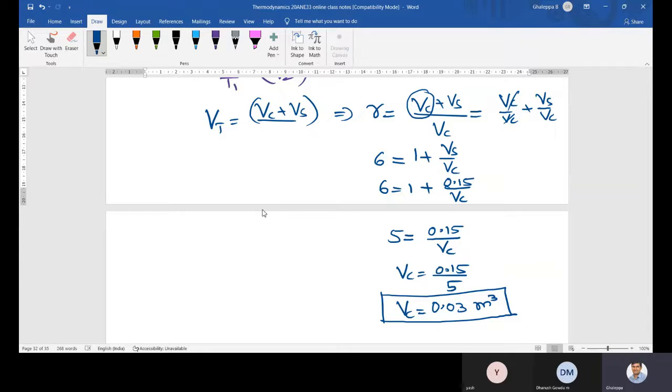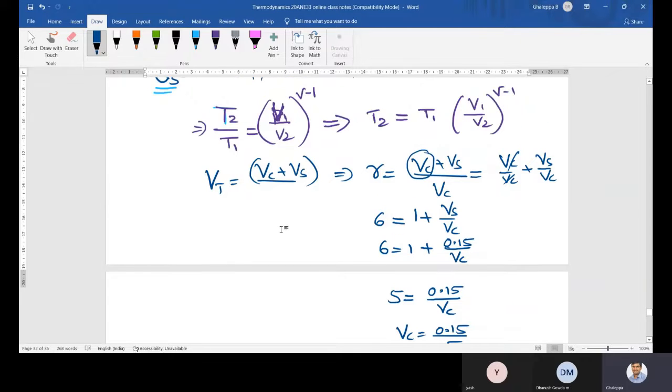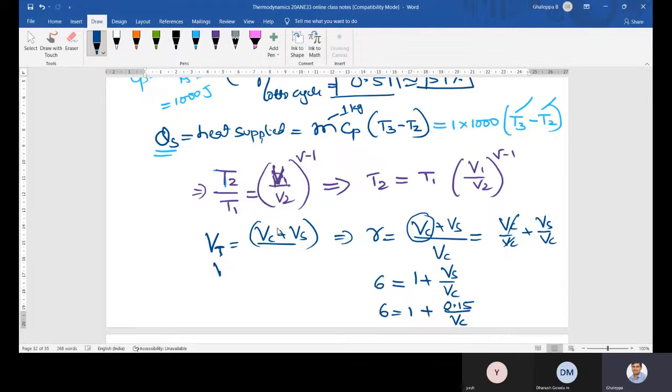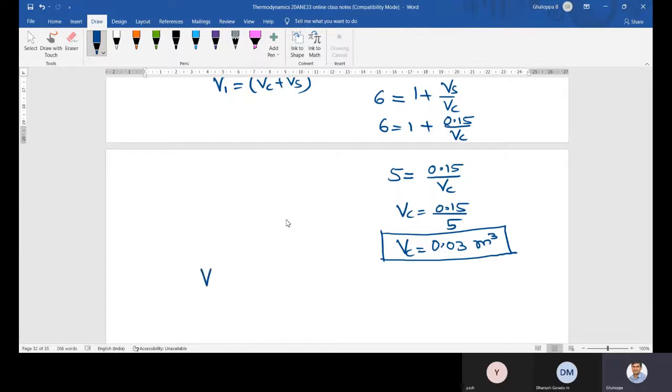So that value is substituted in the above equation, that is Vt, total volume. Total volume V1 is equal to Vc plus Vs. Okay, so V1 is equal to Vc is 0.03 plus 0.15, the stroke volume.